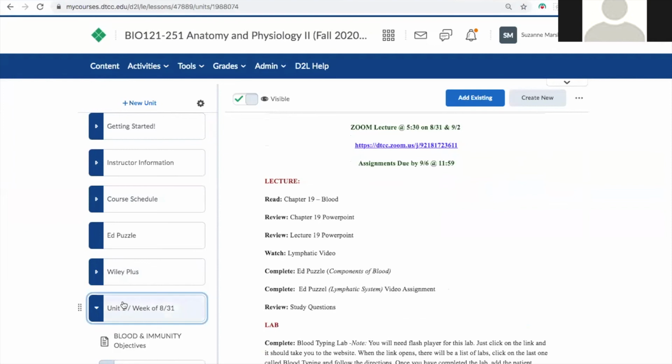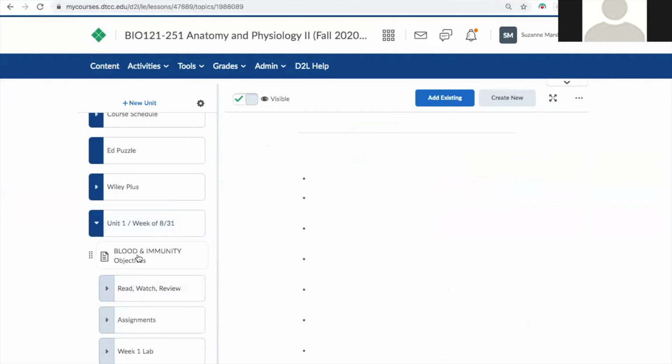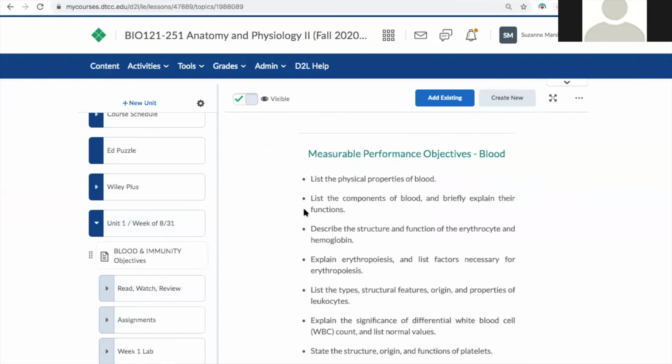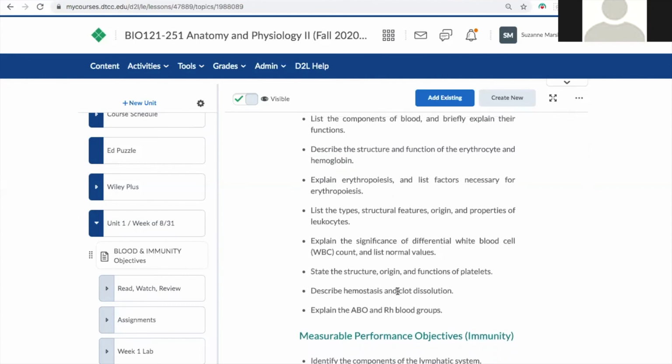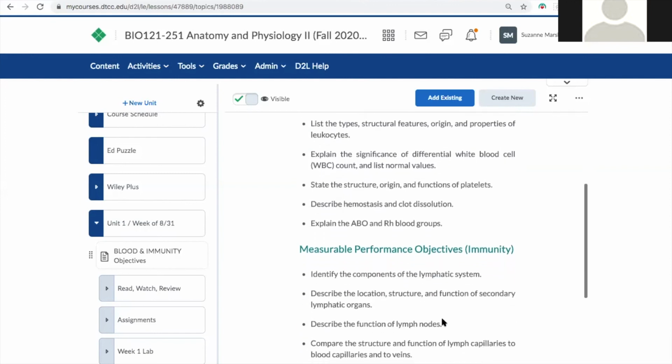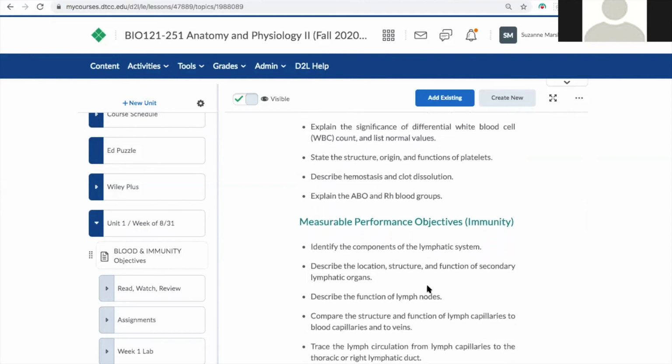Let's look at our objectives. Tonight, we discussed the physical properties of blood, the components of blood, and the structure and functions of hemoglobin. So we went right through most of this information. The only thing that we did not cover, which we will do next Wednesday, is the ABO blood groups.